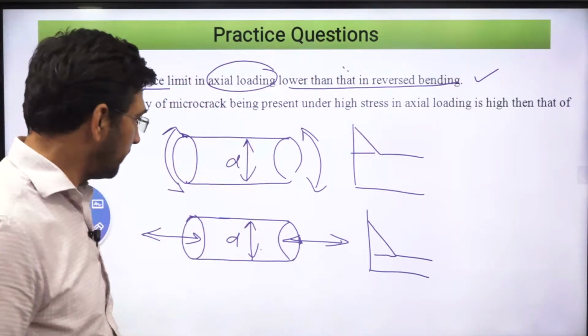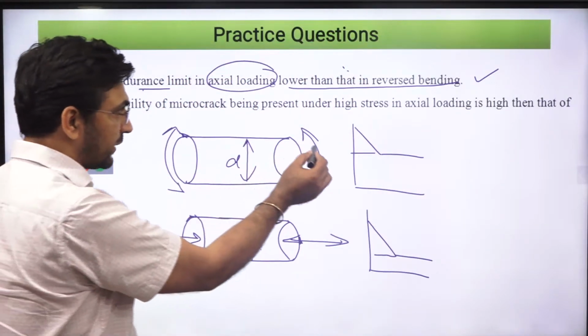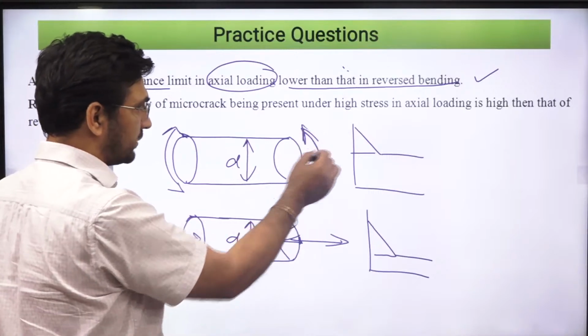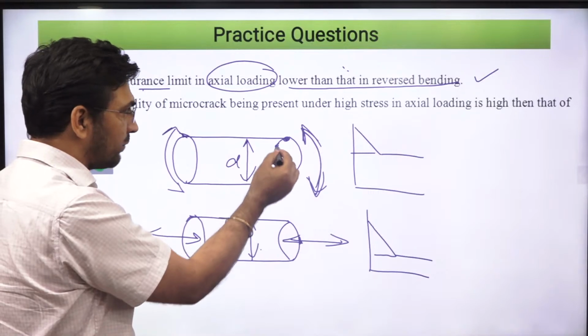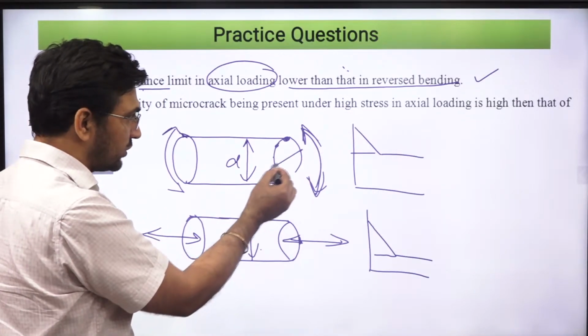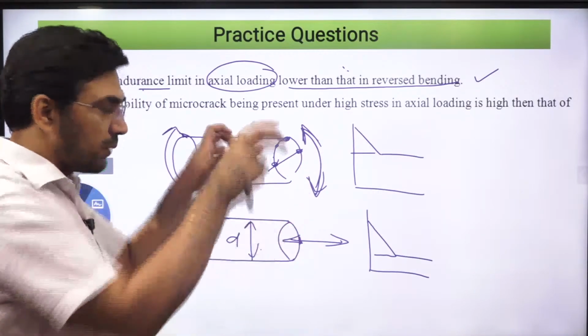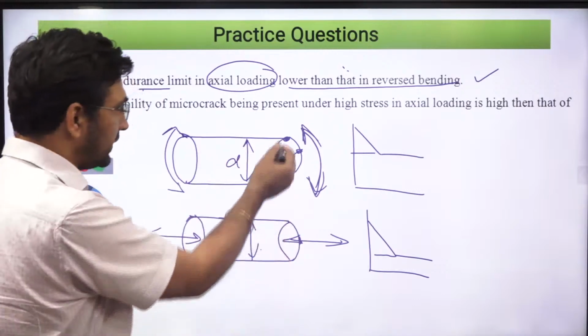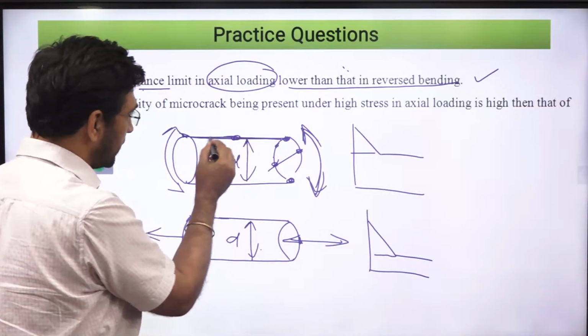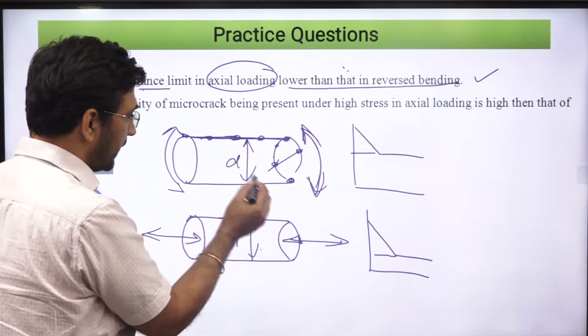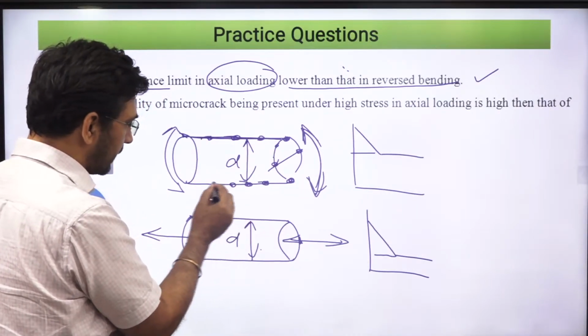What is the meaning of that? See, when you are subjected to completely reversed bending, the maximum value of stress is taking place on the periphery, and at the center it is 0. If you are completely reversing, then obviously top and bottom are affected. So the whole top layer, all the points at the top and all the points at the bottom.